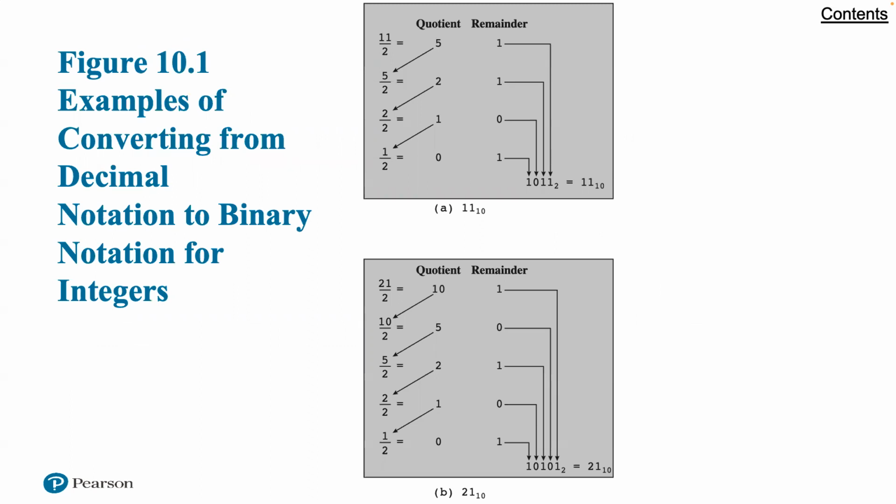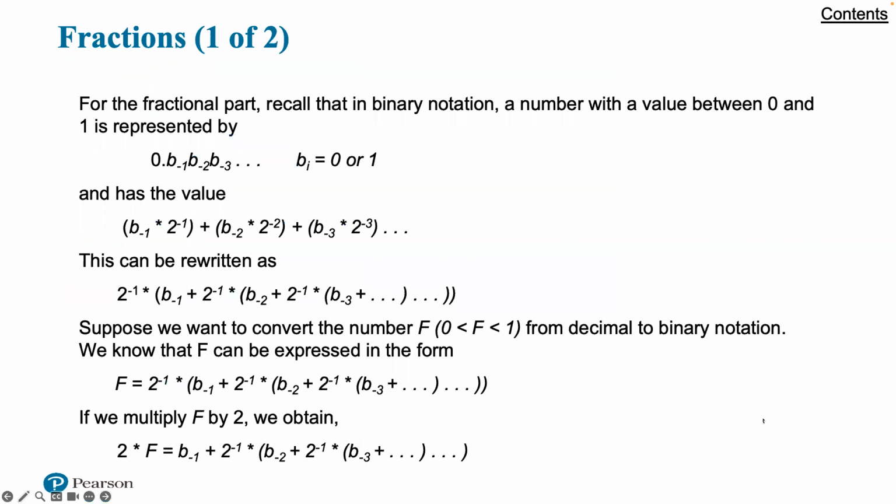Figure 10.1 gives examples of converting from decimal notation to binary notation for integers. This is a formal way of doing it, just dividing by 2 and keeping in mind what the remainders are. It is the way you would produce an algorithm if you wanted to do this in Python or whatever your favorite language might be.